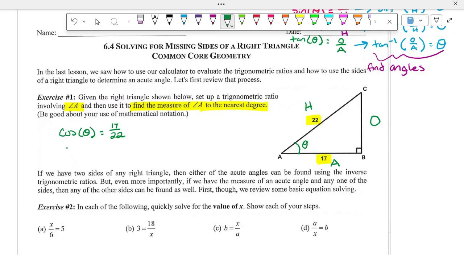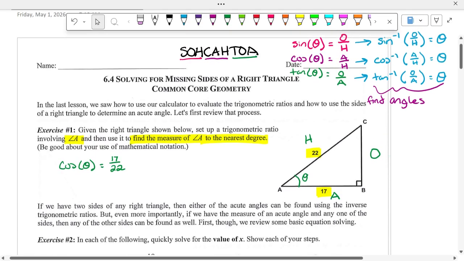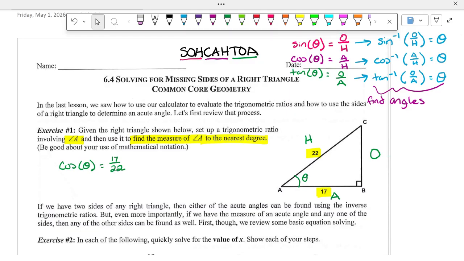What undoes cosine? Something close to itself, though. The inverse cosine. Good. So we have to take the inverse cosine of both sides.